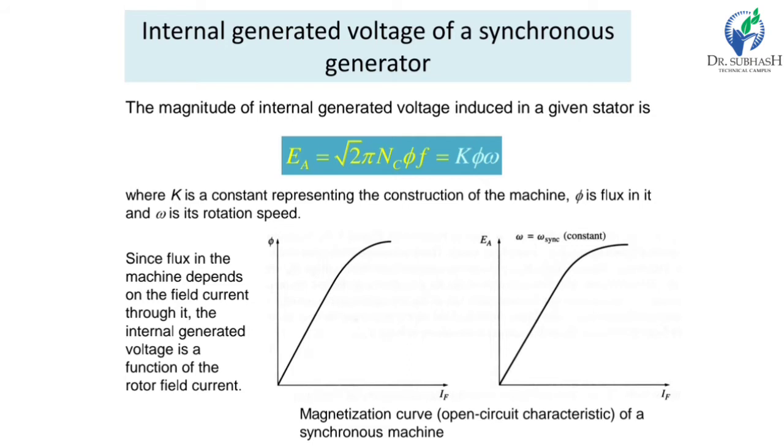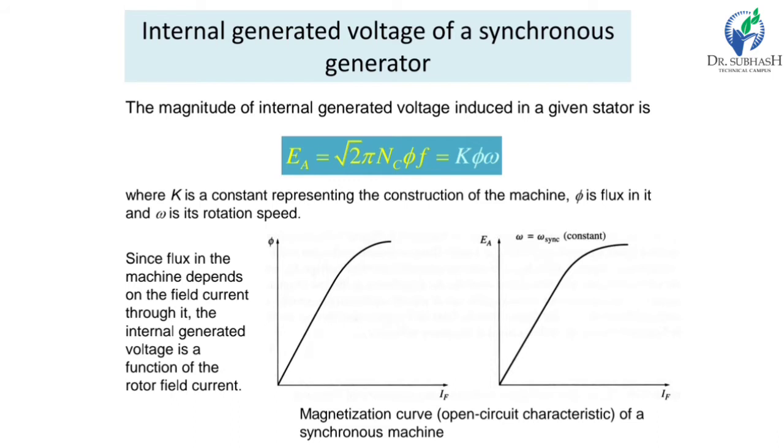The voltage E_A depends on the flux phi in the machine and the frequency or speed of rotation. For the synchronous machine, the main equation is sometimes rewritten in a simpler form that emphasizes the quantities that vary during machine operation.